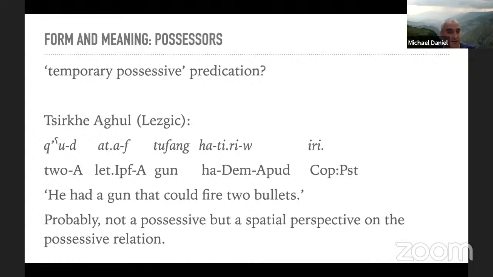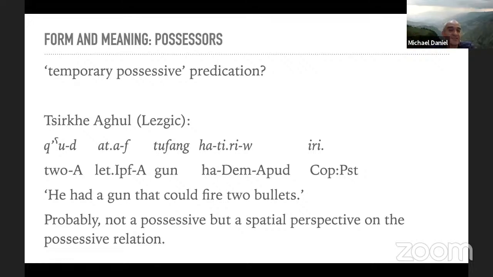His focus is on spatial contiguity between the gun and the guy, because this is a scared man who is telling that he just saw a man with a gun that could fire 2 bullets and was very much afraid of him. So the important part was the gun. The gun was in the same place where the guy was, right? And he could fire these 2 bullets at him.